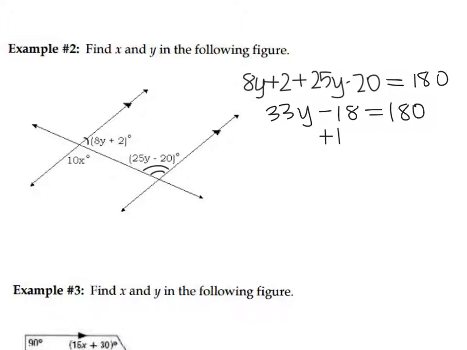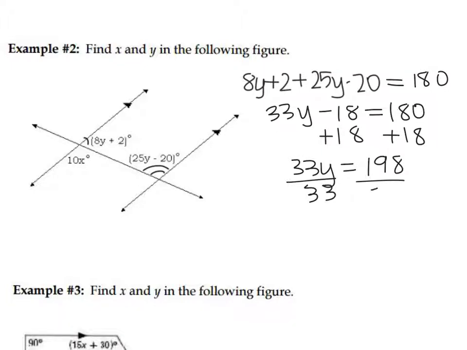Next, we're going to add 18 to both sides. So we get 33y equals 198. Lastly, we're going to divide by 33. And we're going to get that y equals 6. That's the first part of our problem.